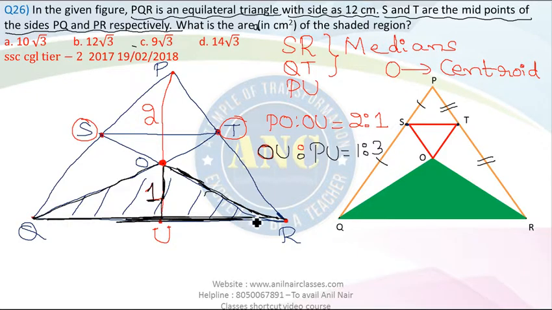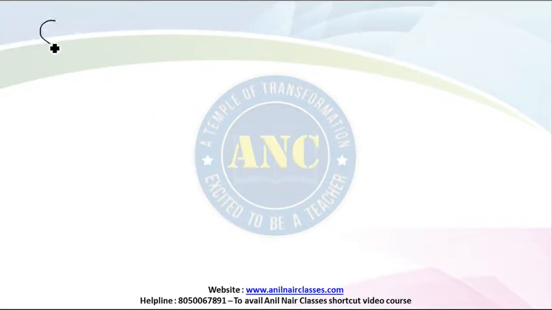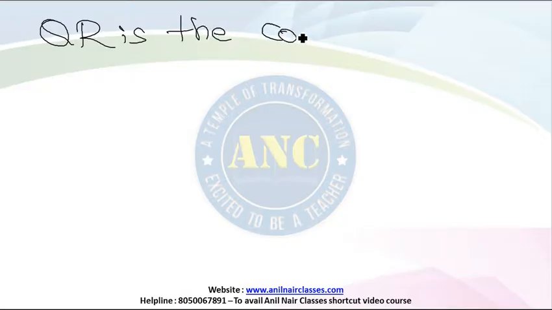I already taught this kind of problem for you. Triangle PQR is having the base QR. Triangle OQR is also having the same base QR. That means QR is the common base for both the triangles.